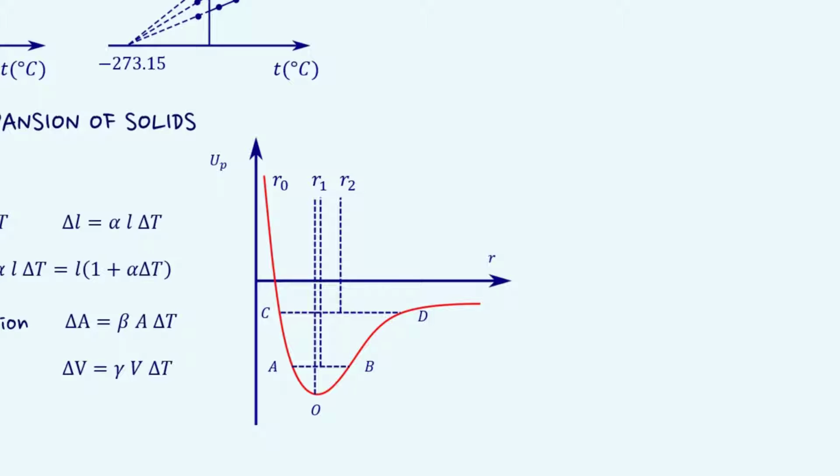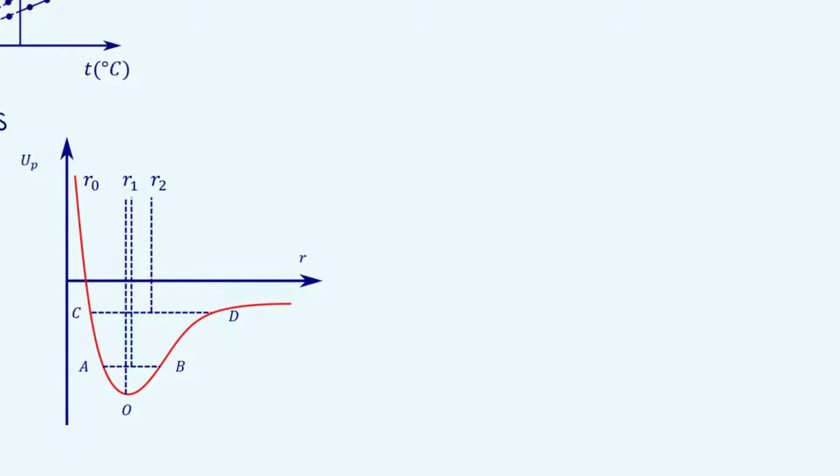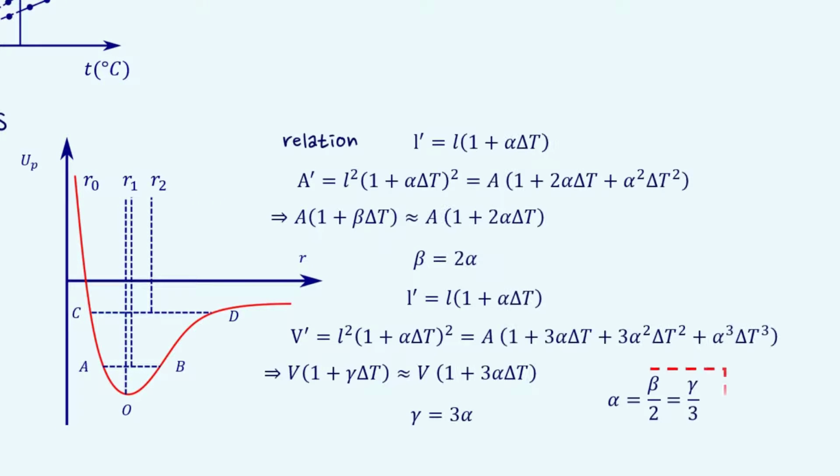Thus, molecular separation increases with increasing temperature and accounts for the increase in the dimension of the object. We can relate coefficients of linear expansion, superficial expansion, and cubical expansions in the following way: alpha is equal to beta by 2 and it is equal to gamma by 3.